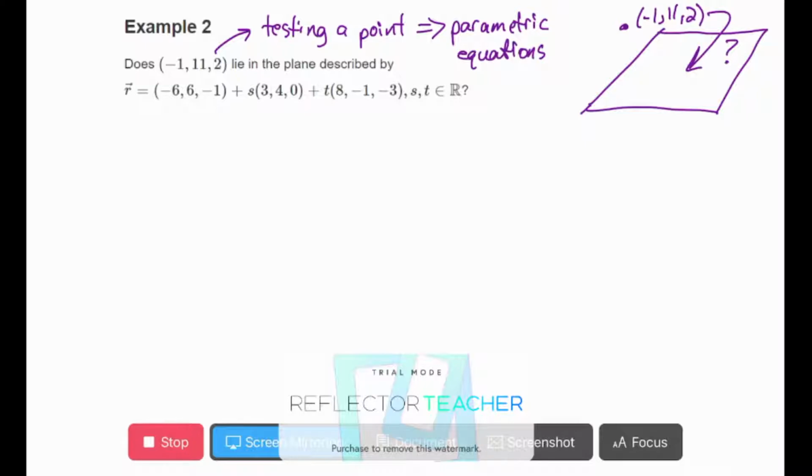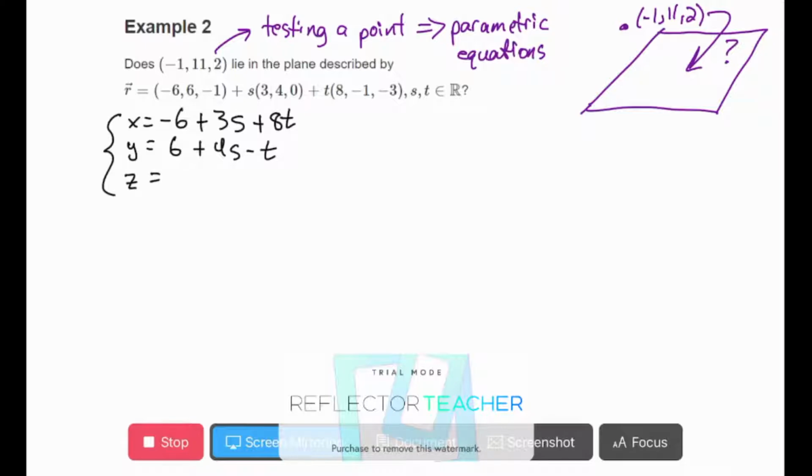The first thing I'm going to do is convert my vector equation of my plane into the parametric equations. So the x component is going to be -6 plus 3s plus 8t, and the y component is going to be equal to 6 plus 4s minus t, and the z component, again, the squiggle doesn't really matter, but if I'm going to have it, I'd like to be tidy about it.